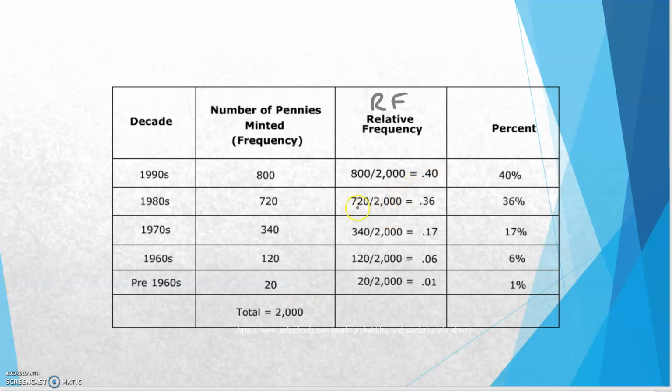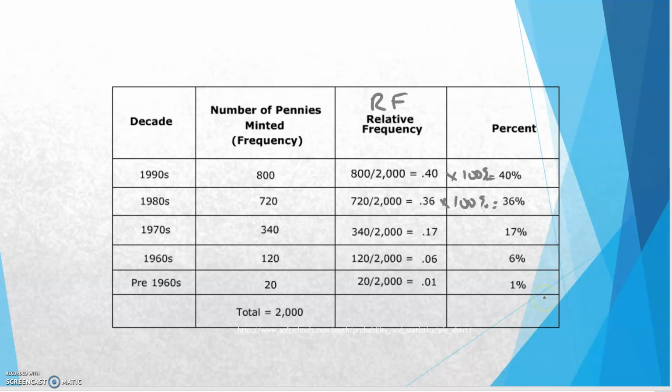For the second class, the frequency 720 divided by the total is 0.36. To get from your relative frequency to percentage, all you have to do is multiply each one of these times 100%, and that will give you your percentage. Same thing for all of these.